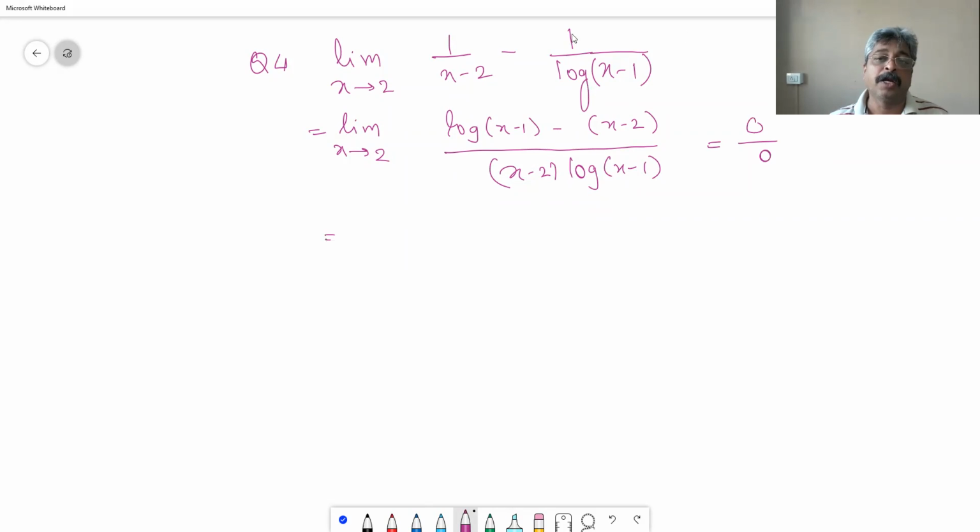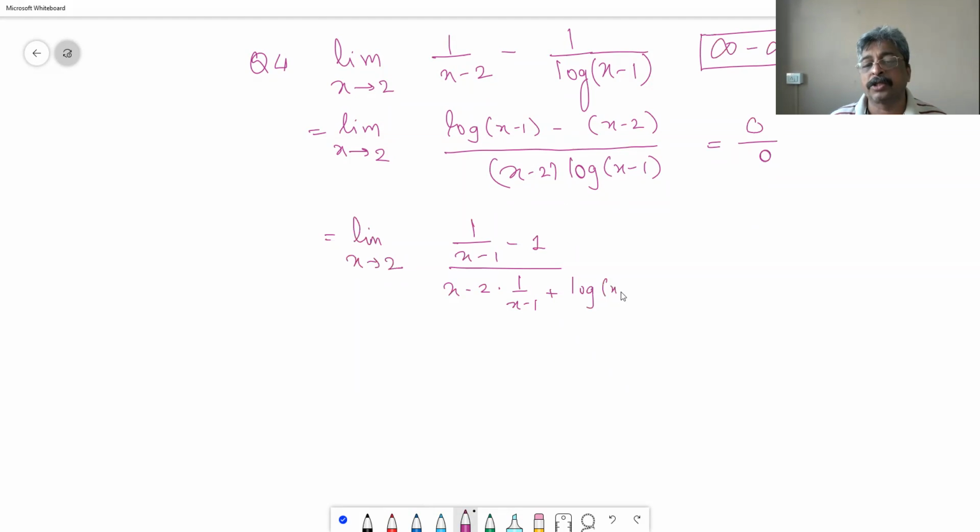Earlier it was infinity minus infinity form. Now using algebra we converted it into 0 upon 0 form. Now L'Hopital: limit x tends to 2, 1 upon x minus 1 minus the derivative of x minus 2, which is 1, divided by (x minus 2) into 1 upon x minus 1 plus log x minus 1. This is after differentiating, correct?